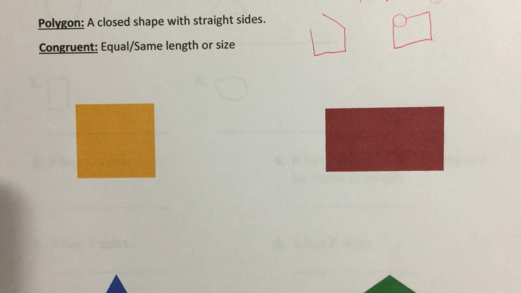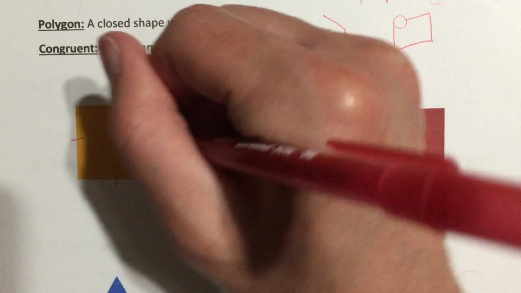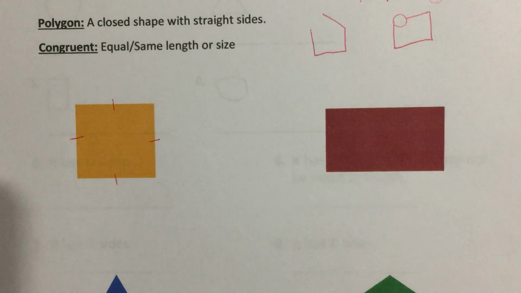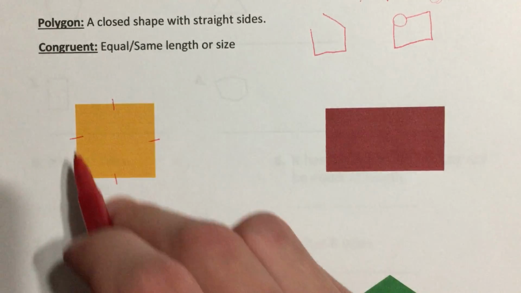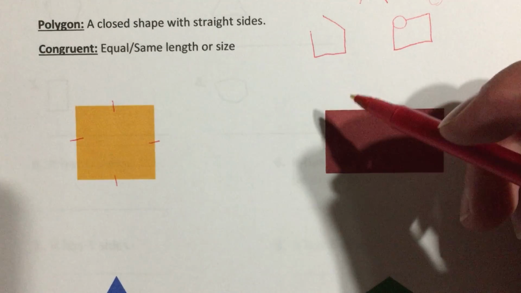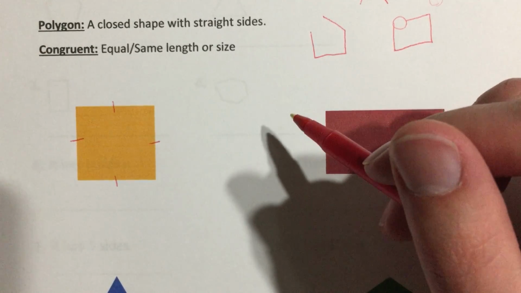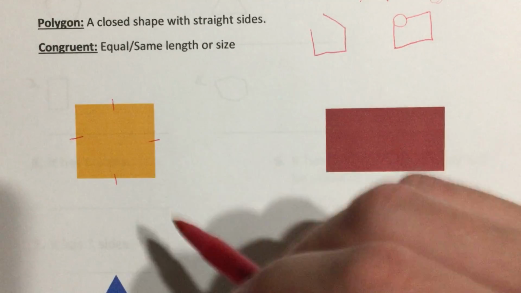Now, something that mathematicians do to mark that every side is congruent, I'm going to make this little mark. I'm going to put a little dash in each one of these. And every time that I see a single dash like that, that tells me that side is the same as any other side that's got one of those dashes.